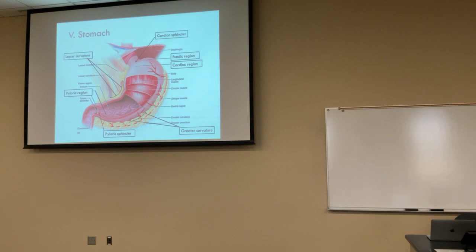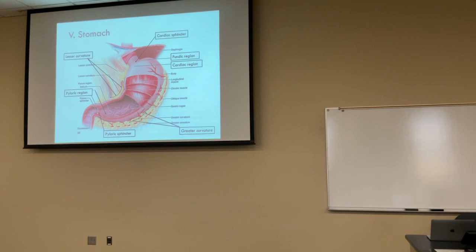In addition, there are two sphincters that control movement of food into and out of the stomach. The first one is up here right at the junction between the esophagus and the cardiac region. There's a sphincter muscle, which is a circular arrangement of smooth muscle fibers, called the cardiac sphincter.